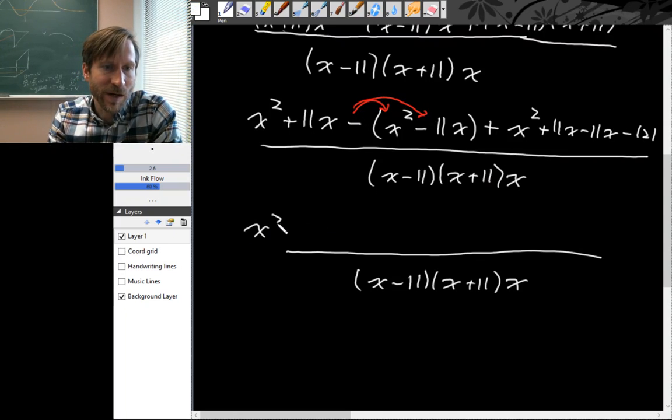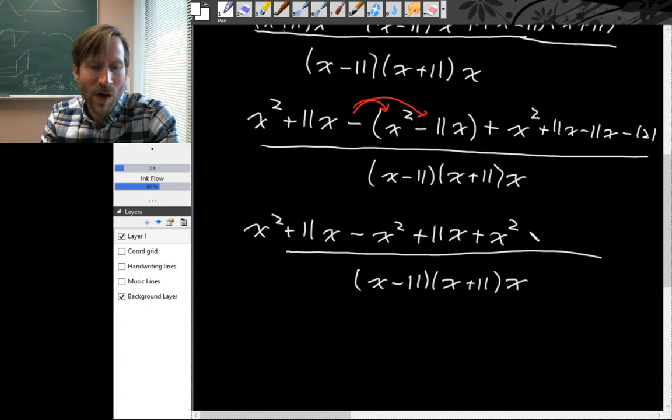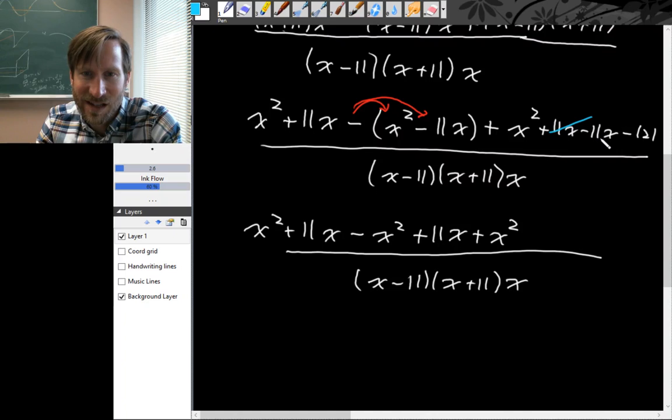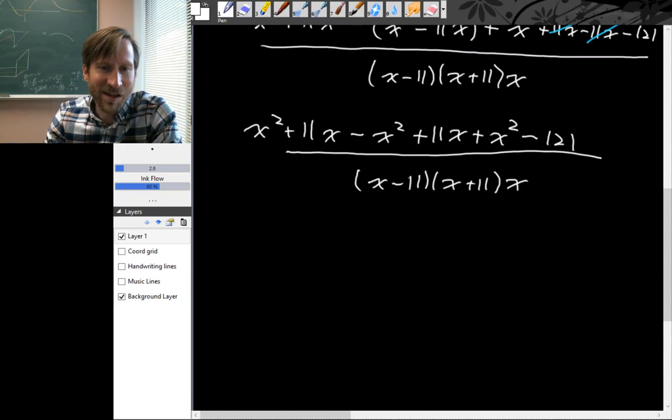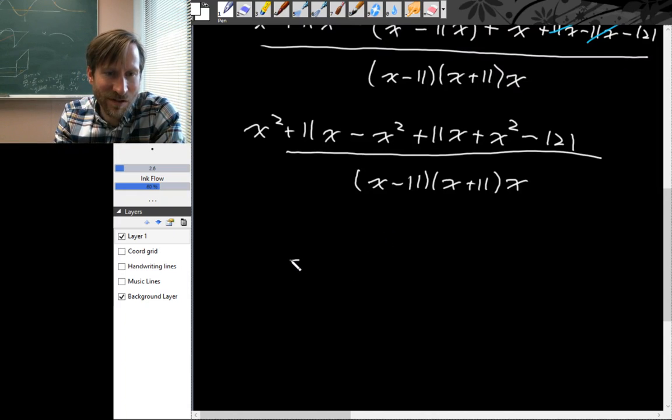So x squared plus 11x minus x squared plus 11x plus x squared. While we're at it, we can cancel this 11x and minus 11x right there. So minus 121.